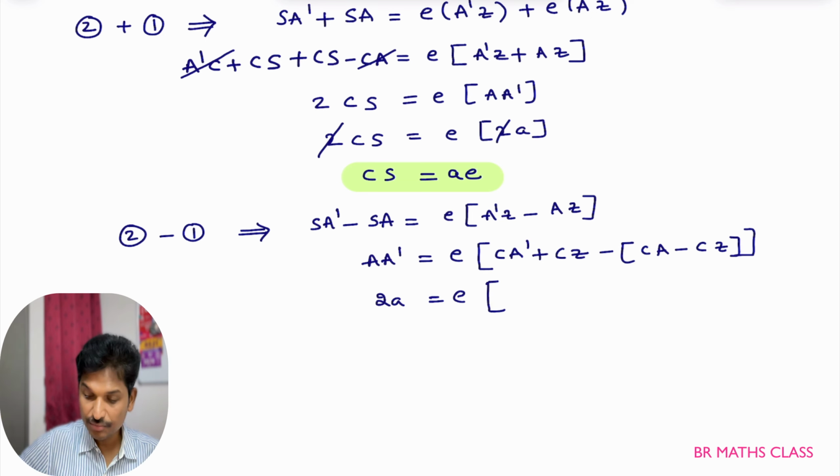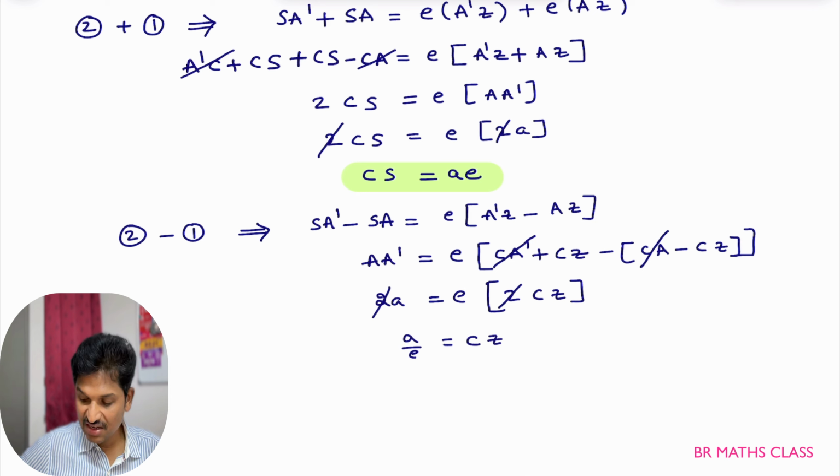E times CA dash, and CA dash and CA are the same, so they will get cancelled. Now minus of minus will become plus. CZ plus CZ is 2 times CZ. Now see, this 2 will get cancelled. From this you will get CZ. What is CZ? CZ is A by E. This is the second important piece of information.